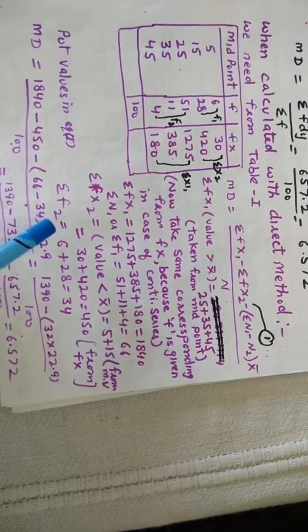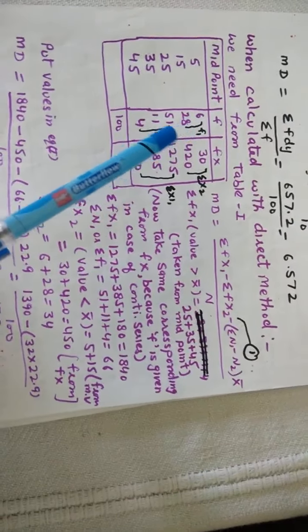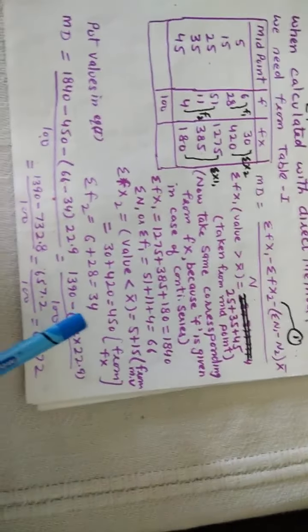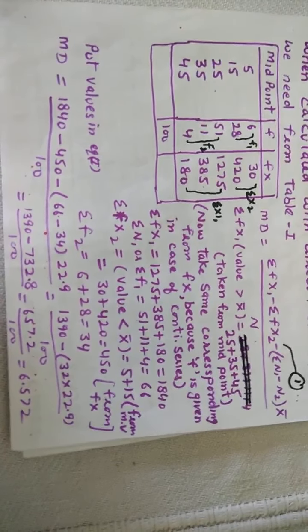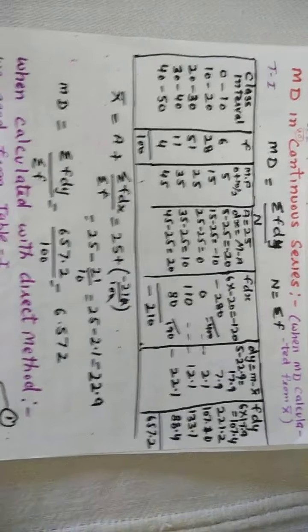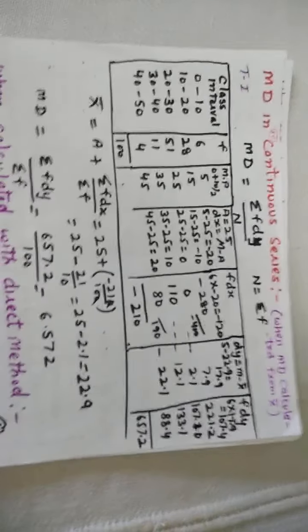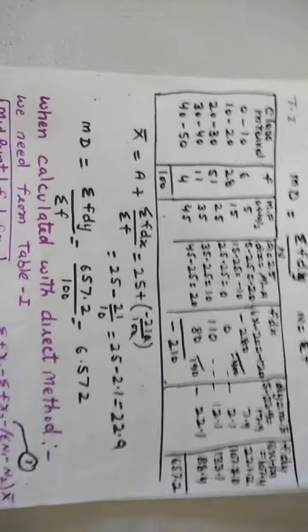And summation f2 is 6 plus 28, 34. Then fill the values in the formula. We get 6.572 as mean deviation. In this we calculated the mean and then found the mean deviation.